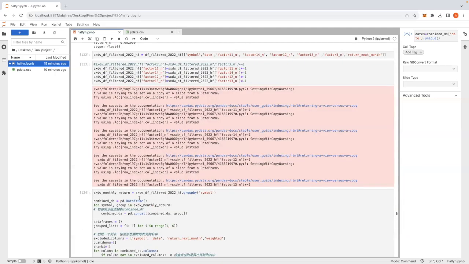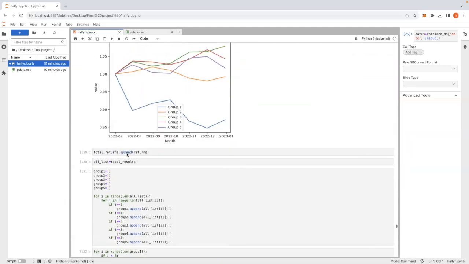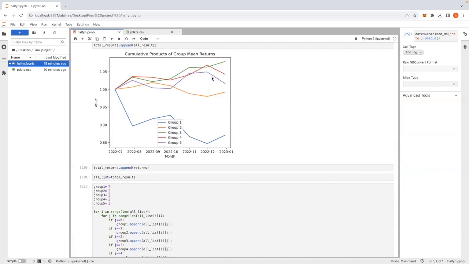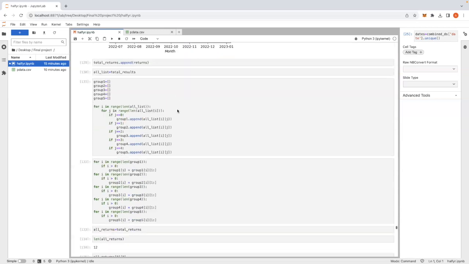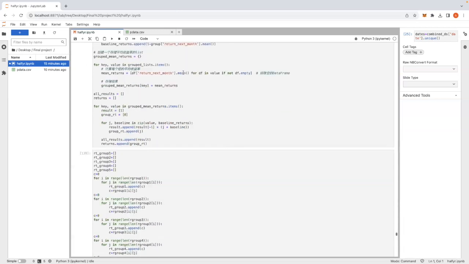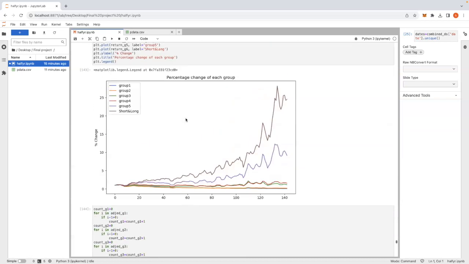So at the end, what I do is record each group's return data, combine it into one list, and use matplotlib to draw those 5 lists, and we can see each group's performance from the very beginning to the end. Let us check it out.